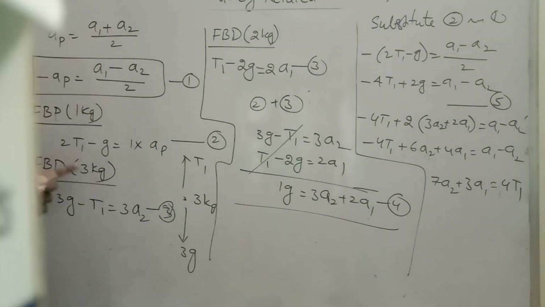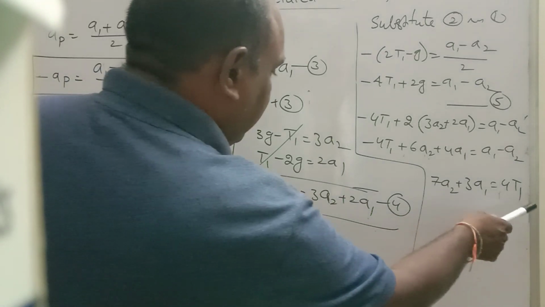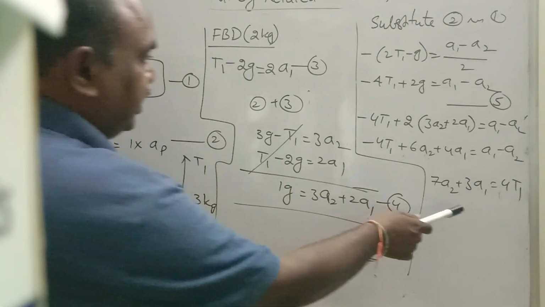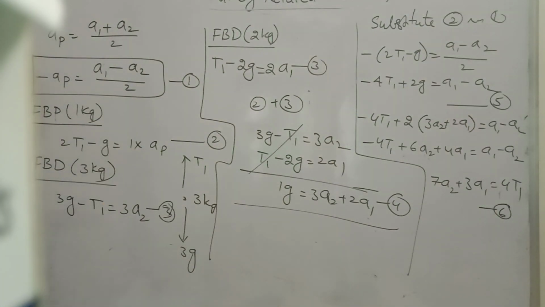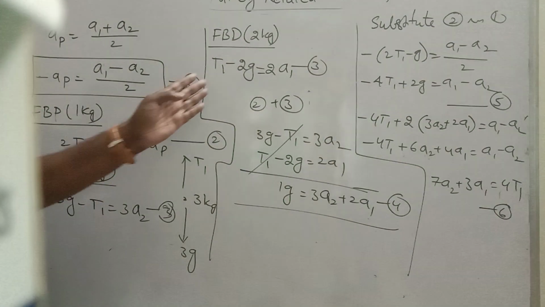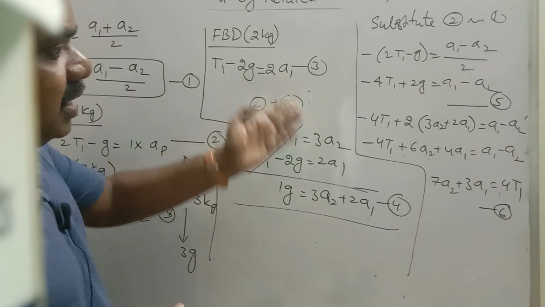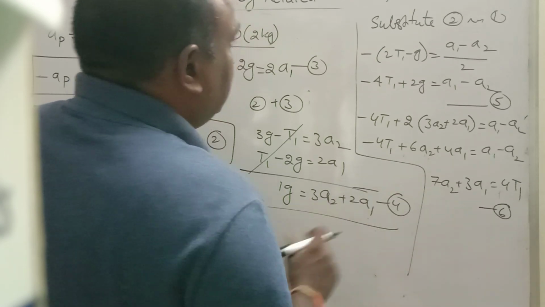Now we got a relation in T1. This is another relation, equation 6. If you simplify these two, you will get values. So simply substitute T1 is equal to 2A1 plus g. Here substitute 2A1 plus g, then simplify these two and you will get the answers.